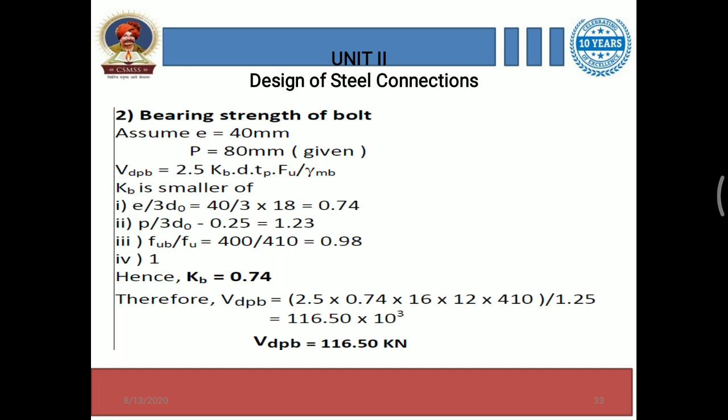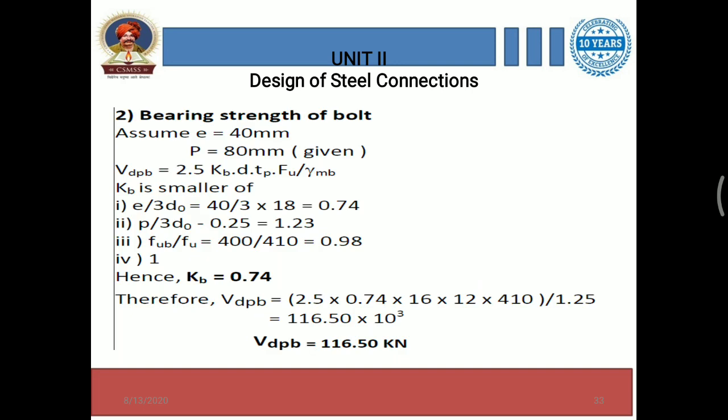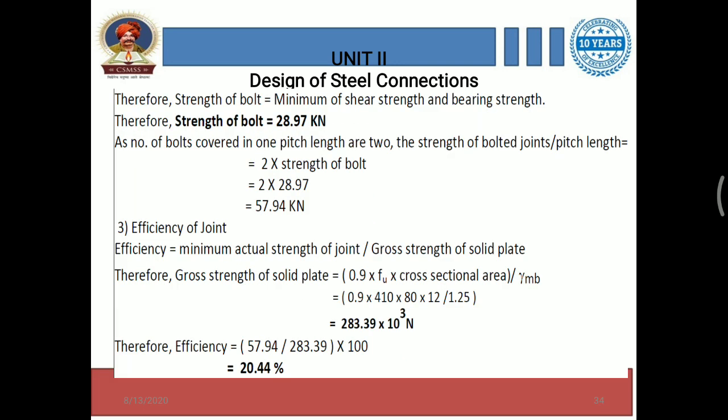Now just compare VDSB and VDPB. VDSB was 28.97 and VDPB is 116.5. Okay, now obviously the bolt value, therefore the strength of bolt is the minimum of shear strength and bearing strength, and that is 28.97 kilonewton.